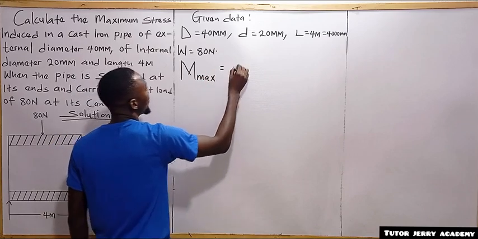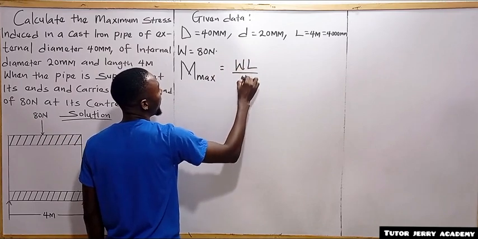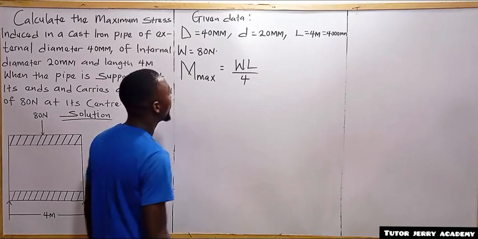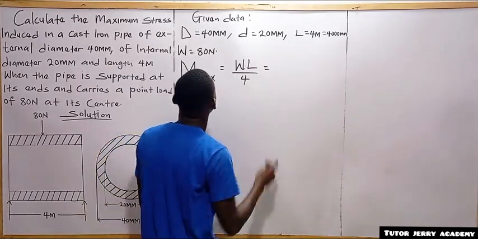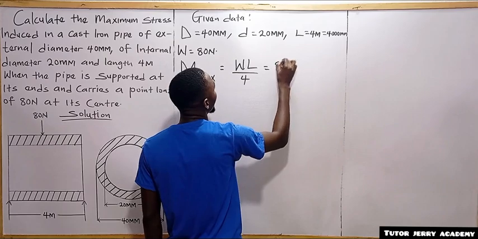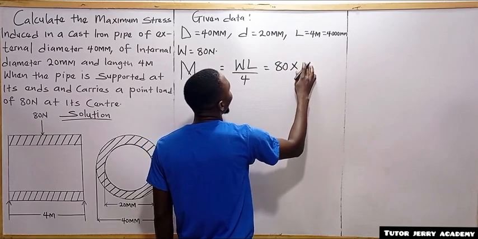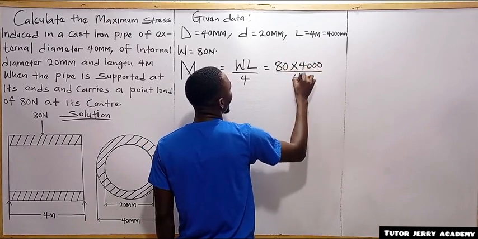maximum bending moment is equal to WL divided by 4. All right, and the next thing we are going to do is to substitute the parameters for our load and length. So our load is 80 multiplied by our length, which is 4000, divided by 4.